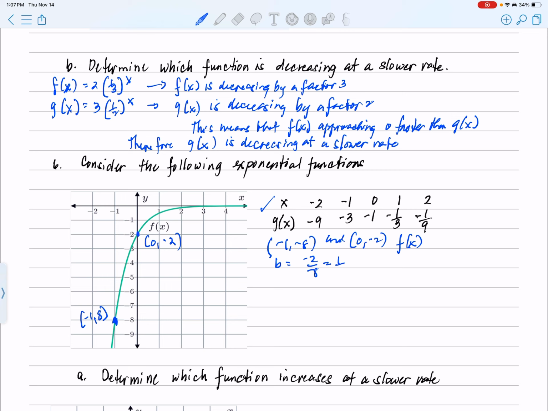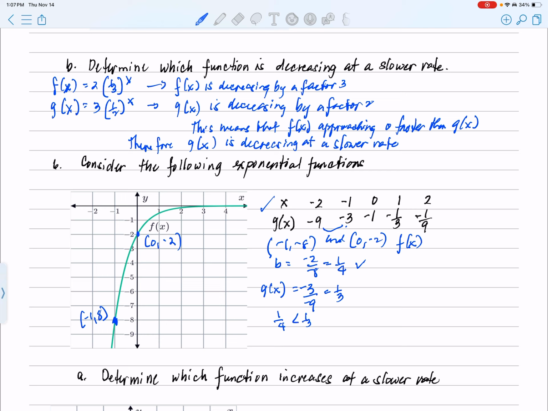For g of x, let's get the factor. For g of x, we can use the -3 over -9, this one right here. We have 1/3. So we could say that 1/4, the factor for f of x, is less than 1/3.